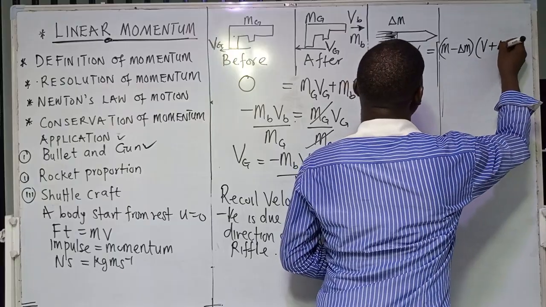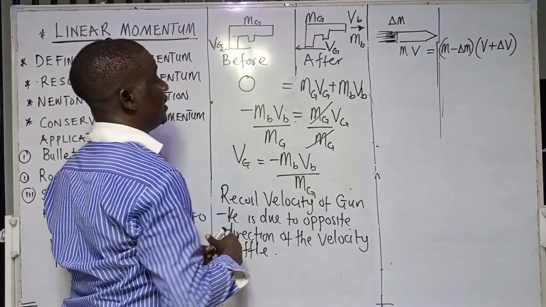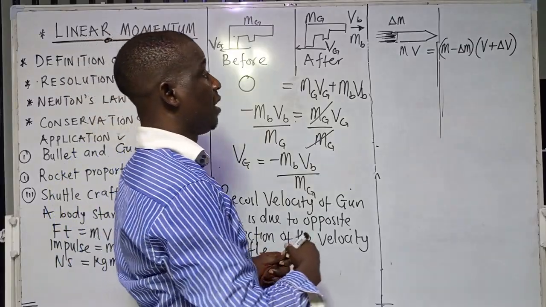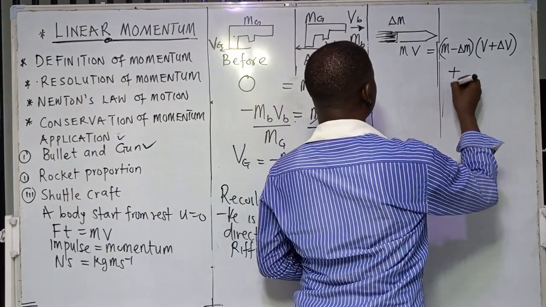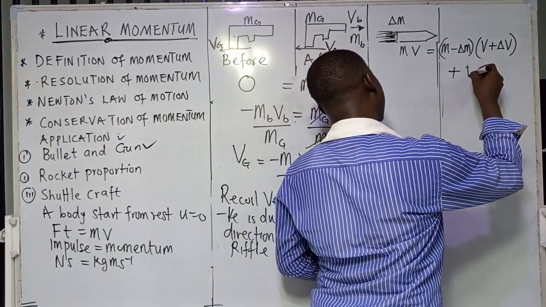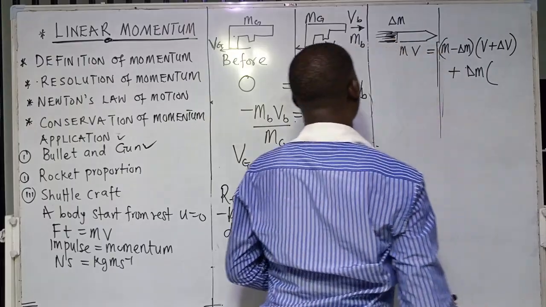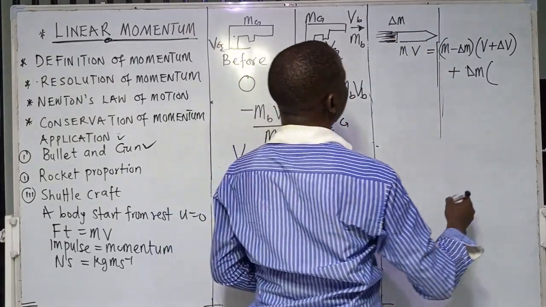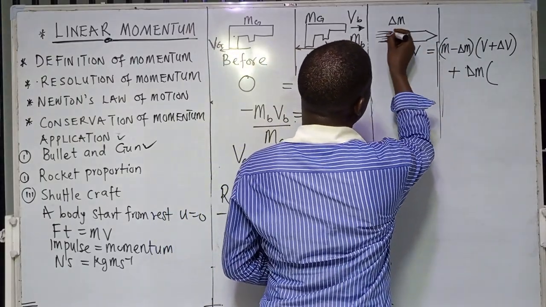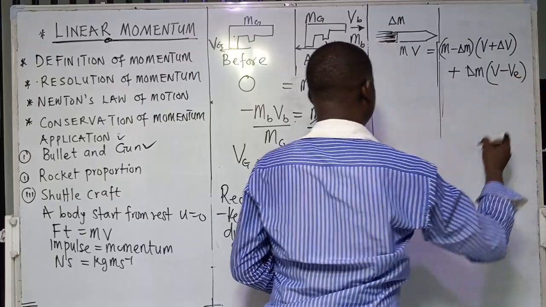V plus change in V will increase. Not only that, there will also be the change in mass that will occur as a result of the exhaust. This exhaust has a change in velocity, which is this.